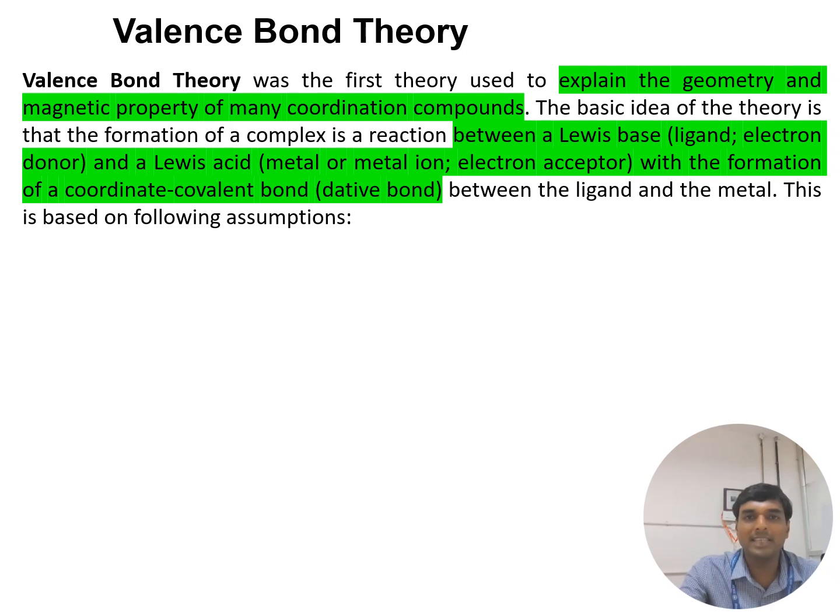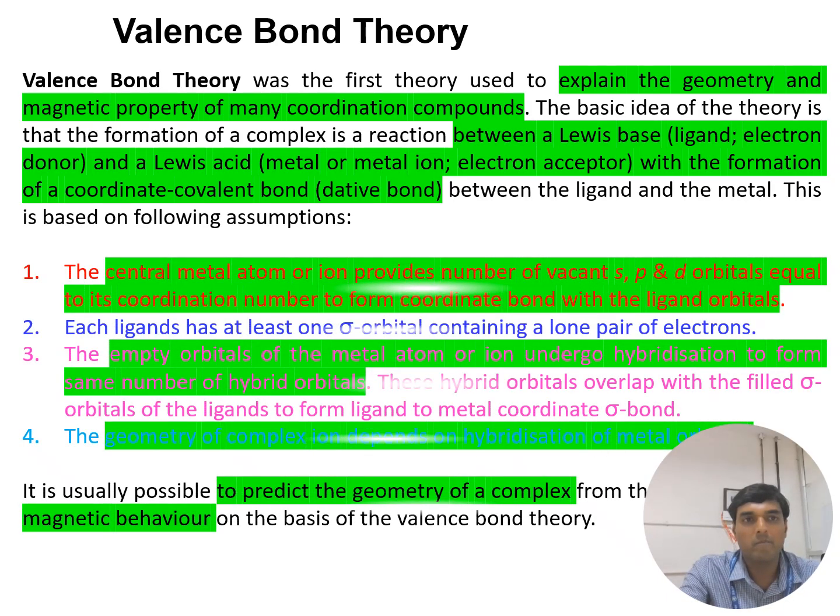It's basically sharing of electrons. It needs a Lewis base and a Lewis acid, for example metal ions, and they can form a coordination bond. The central metal ion provides vacant s, p and d orbitals, and accordingly it decides what kind of coordination there will be based on the number of ligands.